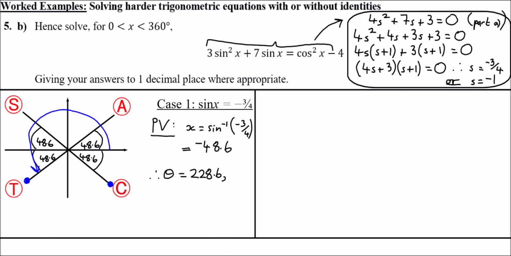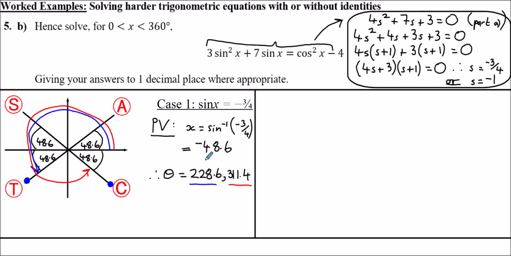This one here, going all the way around, almost 360, but just without this 48.6. So this one will be 360 minus 48.6. If you check that on a calculator, it'll be 311.4. So those are the two values we get from this scenario.